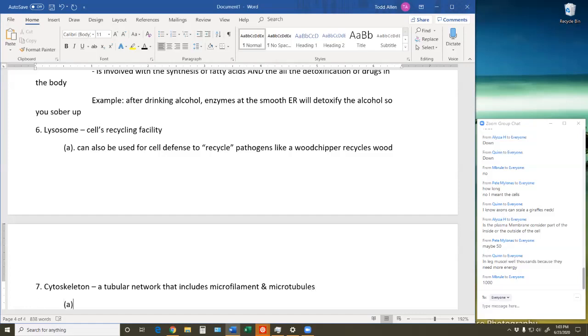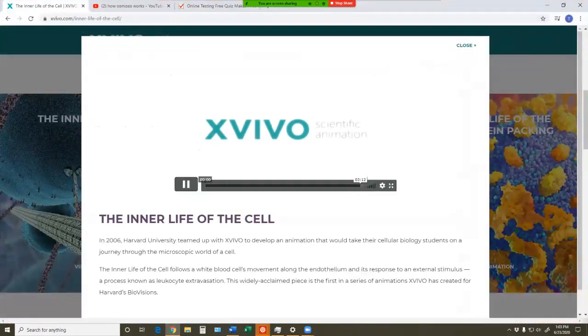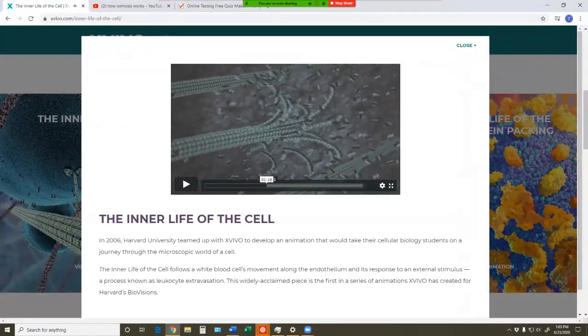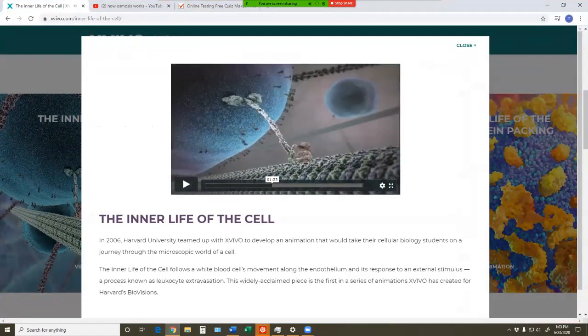In the video I showed you, there was a moment, let me see if I can find it. Okay, right here. You see this funny looking thing that's attached to this blue sac, this blue bubble, and it's literally walking along this tube down here.